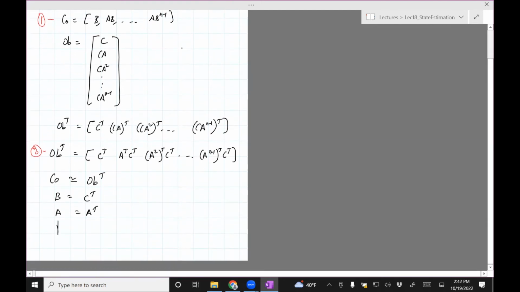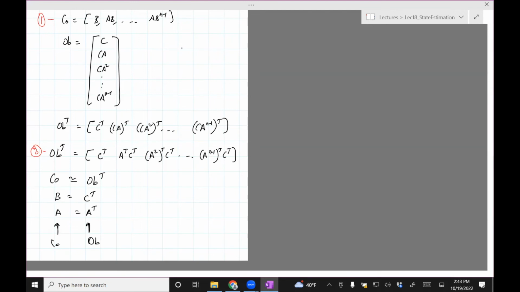All this here comes from controllability, everything here comes from observability. So don't get confused with A equals A transpose. A is not A transpose, but the way you can make a correspondence is you take the A from observability and take the transpose and match it with the A from the controllability. That's what I mean by this. So it's not true that A is the same as A transpose.